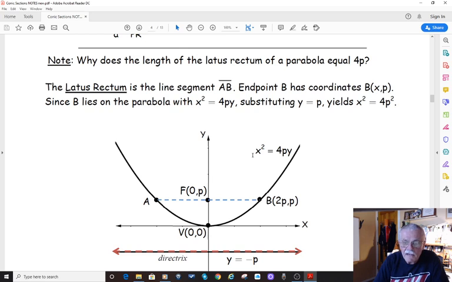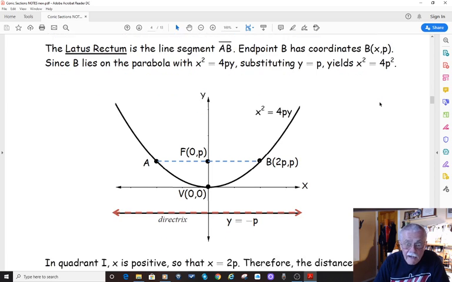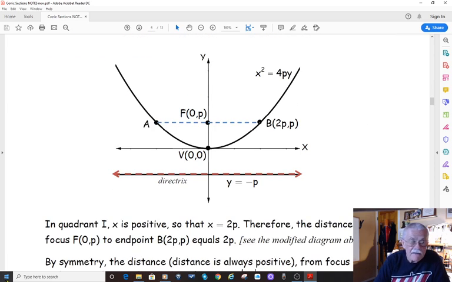So we're using the idea that this standard form is x squared equals 4py, and if it goes through point B, then the y is p. So we end up with x squared equals 4p squared. If we solve for x, that gives us x is 2p, because x is positive here.